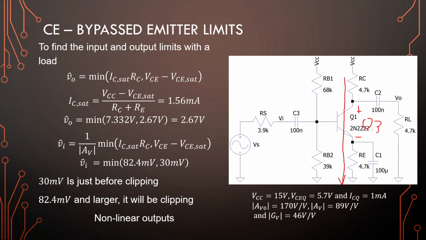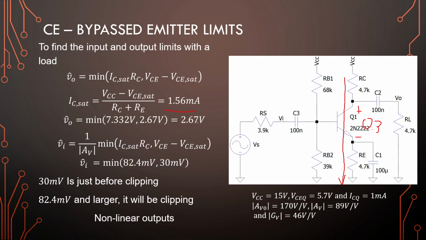So the maximum current that can flow here is VCC divided by RC plus RE. That is DC current, so we can determine it, and it's 1.56 milliamps.